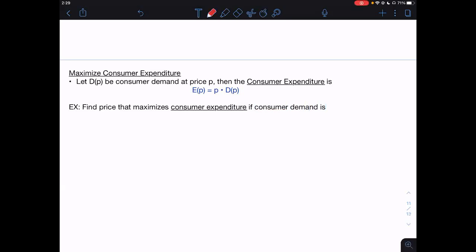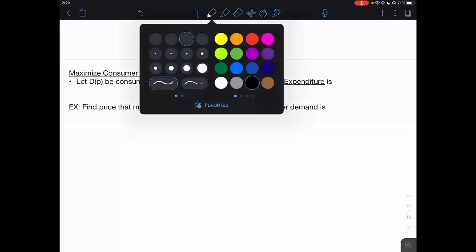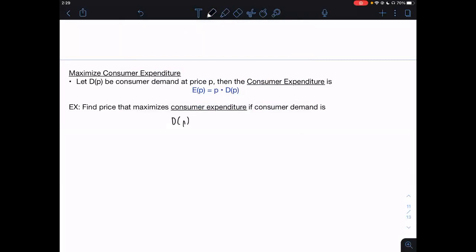Suppose our consumer demand function, D of P, is defined as D of P equals 5,000 times e to the negative 0.01 P. So that's the demand function. The amount of items that the consumers are willing to buy at a certain price point is defined by this exponential demand function.